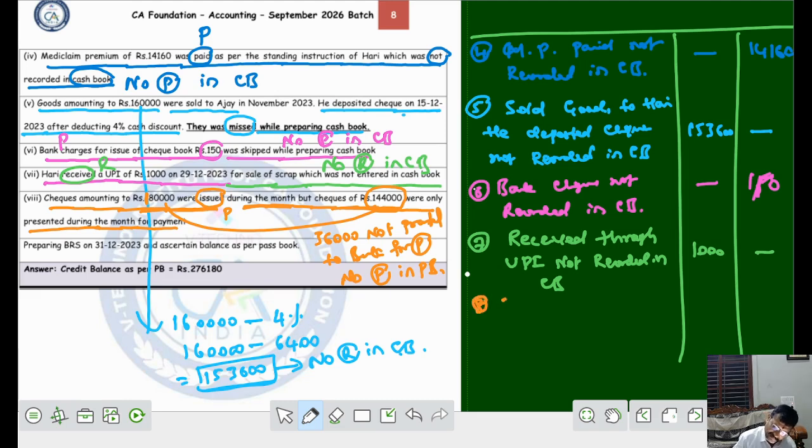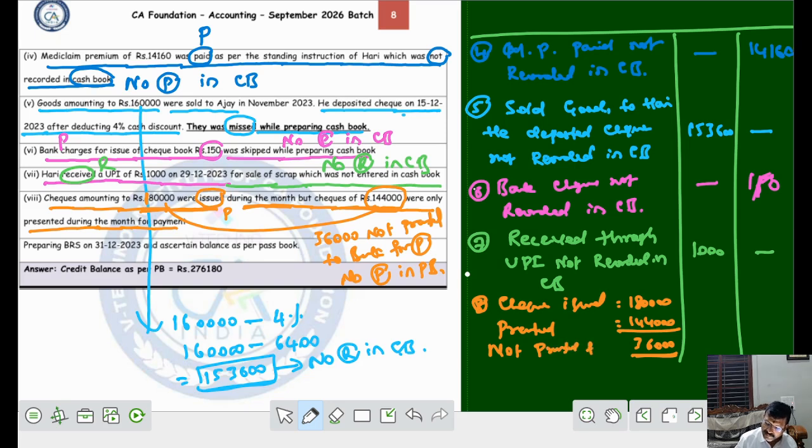Let us write: checks issued 1,80,000, presented 1,44,000. What is the balance? 36,000 not presented for payment, means no payment in passbook.